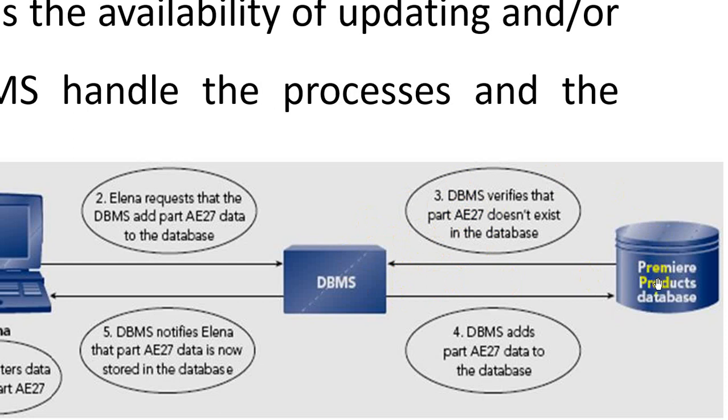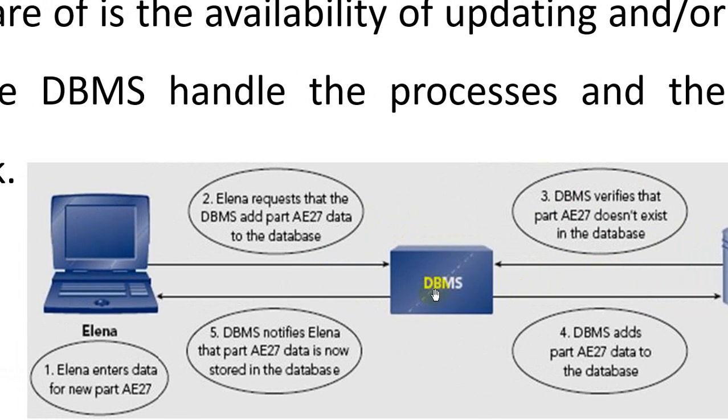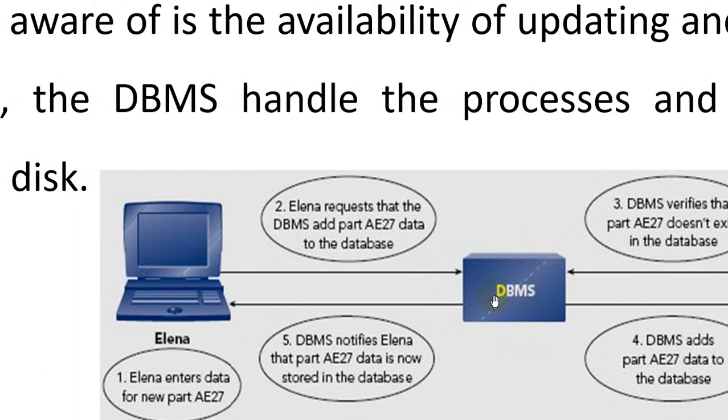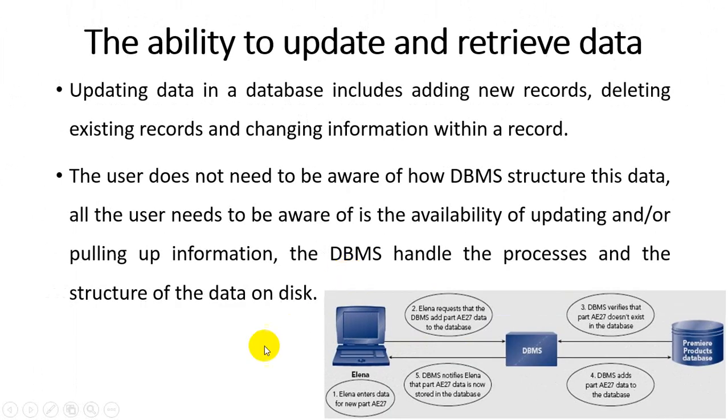After completion, the database provides an acknowledgement to the DBMS that the data was added successfully, and the DBMS returns the information to Alan. So this is one operation, the insertion operation, that we saw with the example.